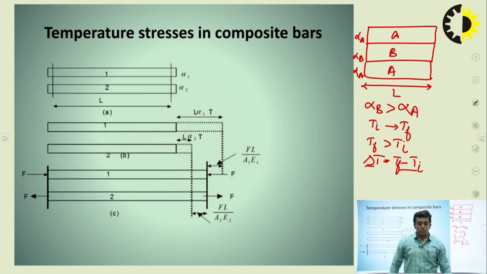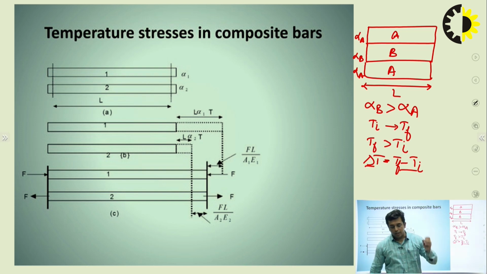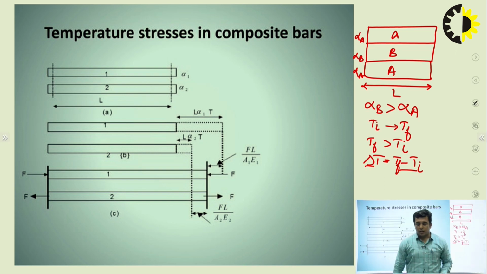Now, what we need to remember is that the component having greater alpha is going to expand more, and the component with lower alpha is going to expand less.